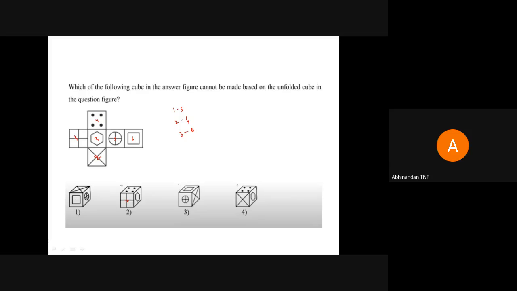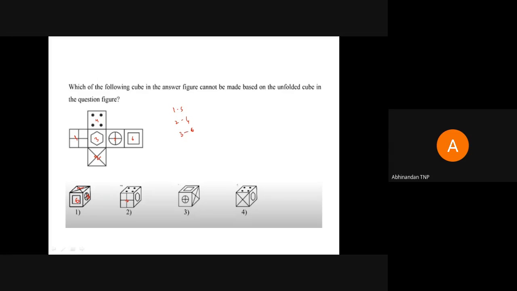This is 6. This is the cross, it is 2, and this is the circle, it is 5.